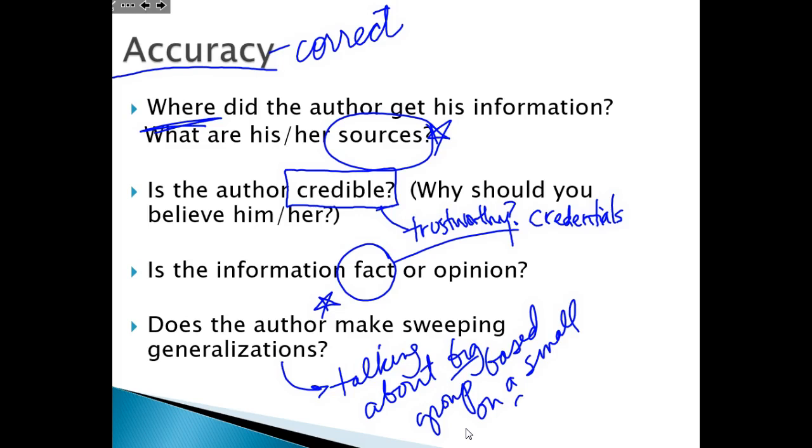A big group based on a small sample can lead to things like stereotypes. Like if we said, oh, well, so-and-so's from a certain school, they must be a snob. Or so-and-so, her parents work here, so they're snobs, they're rich. You're making a sweeping generalization. You're talking about a big group based on a very small sample. And if that's the case, we do not want to credit the source. If somebody makes broad generalizations, that's bad.